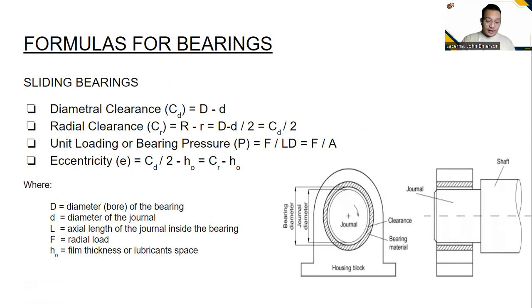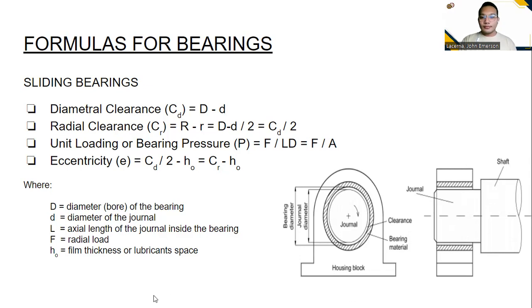So, once na makuha natin ang ating eccentricity ng ating ball bearing or roller bearing or journal bearings, rather, and we have a given value of L over D or ratio ng ating length over our diameter. Halimbawa, let's say for example, ang ating value ng LD is 1 and ang ating value ng eccentricity na nakuha na i-design natin sa ating journal bearing is 0.6.